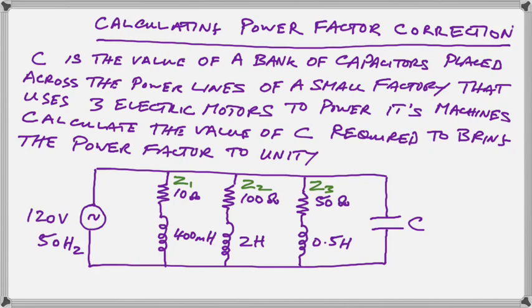And our job is to put a capacitor across the power lines so as to bring the power factor to unity, which in actual fact, in simple terms, is making the circuit resonant so that the current will be in phase with the voltage. So if you don't understand all this, you need to go and do some background. This video is not for everybody, but this is presuming some sort of knowledge of phasors and the AC behavior of these circuits.